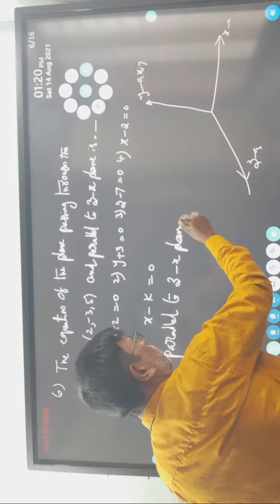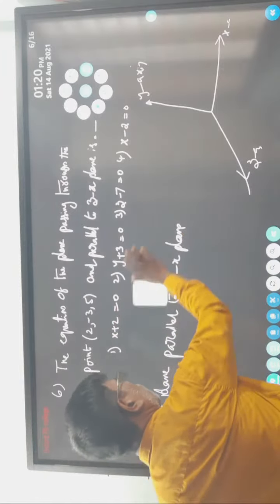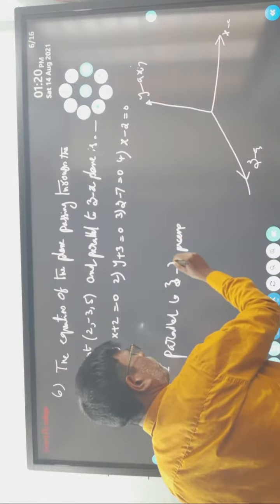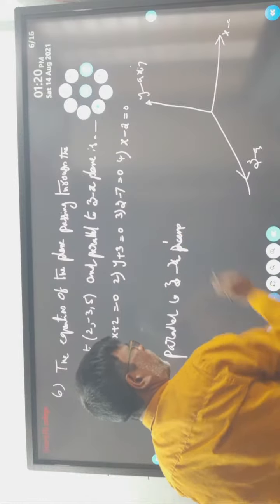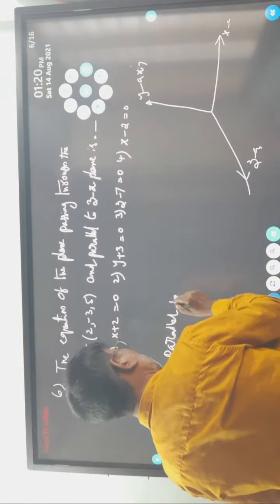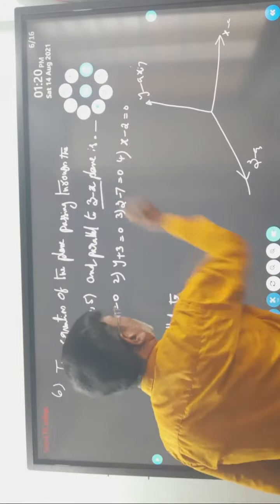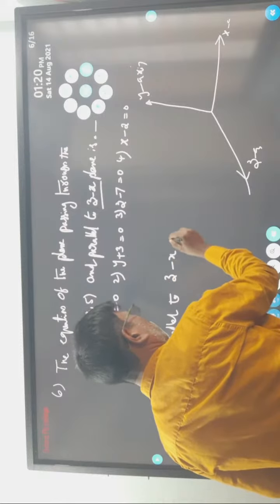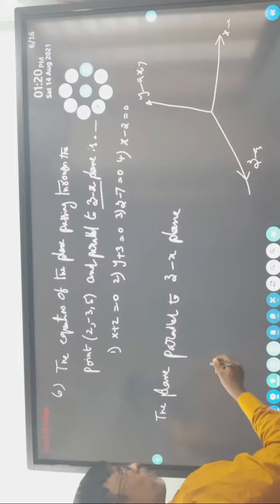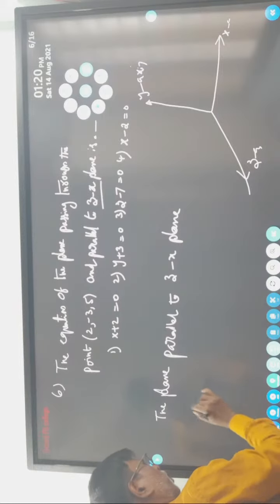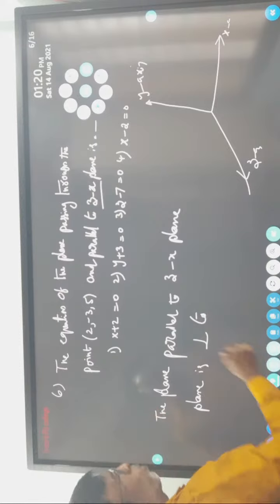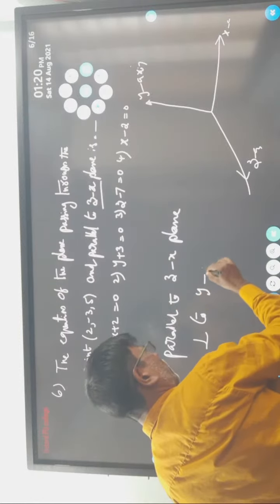Now the zx plane means the plane is perpendicular to what? The zx plane means the y-axis.